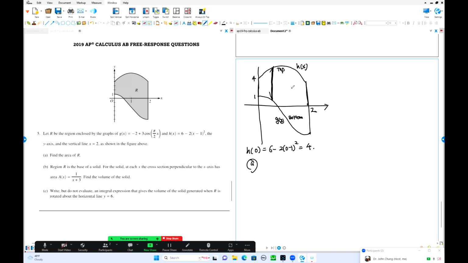That forms the area. So, from 0 to 2, top minus bottom is the distance between these two graphs. Top is h of x, 6 minus 2(x minus 1) squared, minus g of x, which is negative 2 plus 3 cosine of pi over 2 x, dx. That's the area of this shaded region.